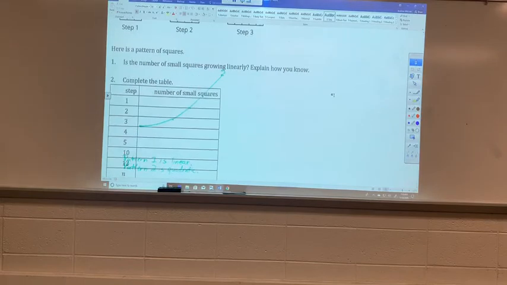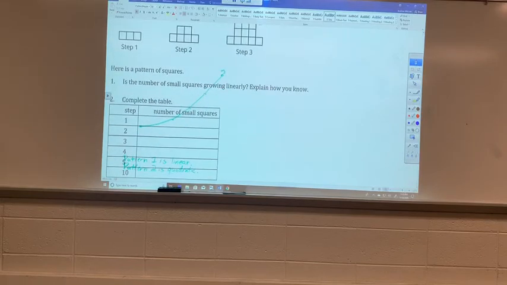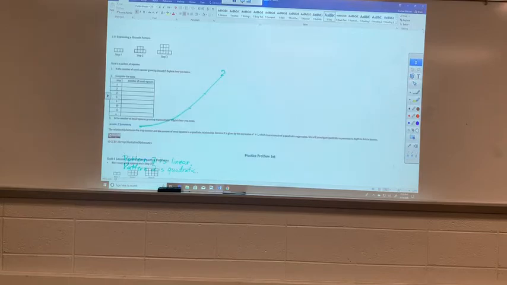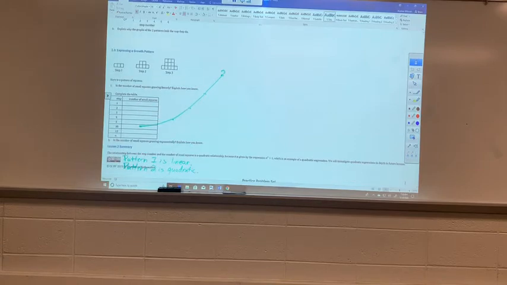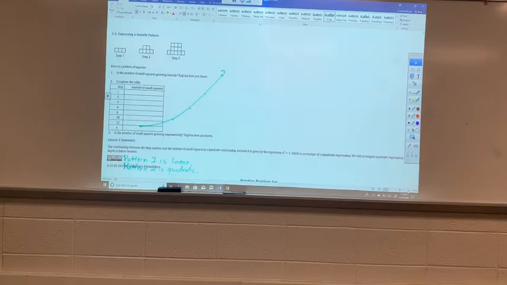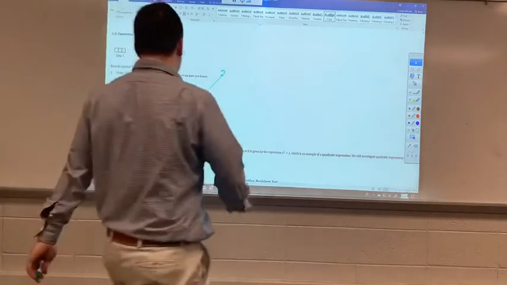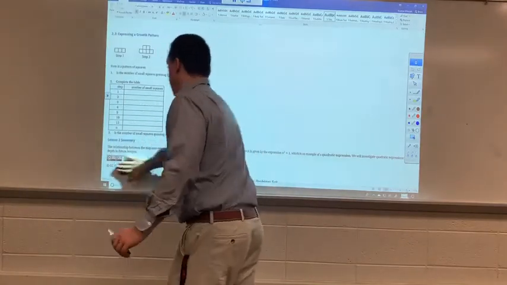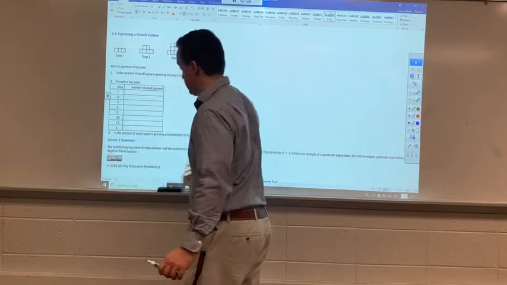So now we're going to look at some more growth patterns. And we need to examine this growth pattern and look at the number of squares.